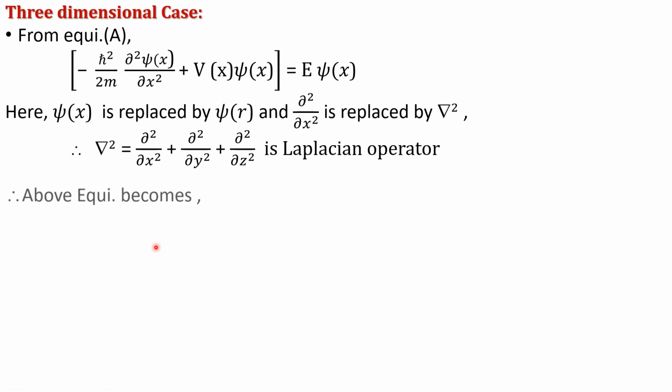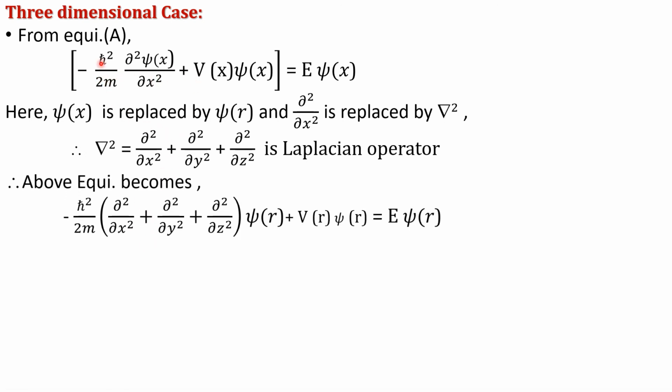Thus our equation becomes minus h cross square by 2m into del square, or del square by del x square plus del square by del y square plus del square by del z square. Psi of x is replaced by psi of r, V of x is replaced by V of r, again psi of x to psi of r, equal to E psi of x, equal to E psi of r.